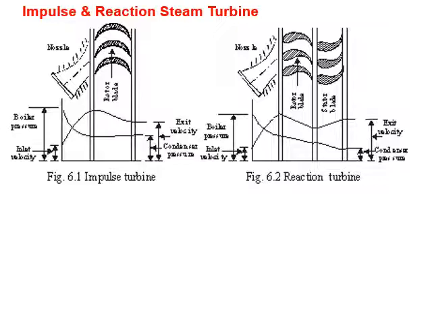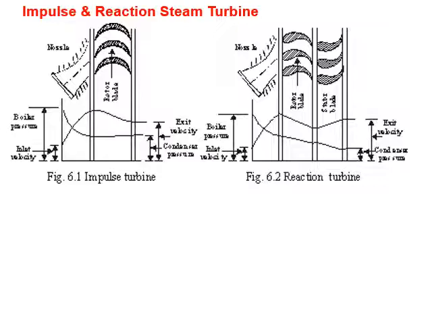Now high pressure steam enters into the nozzle. Pressure drop occurs in the nozzle, which is also called the enthalpy drop in a nozzle. That causes the pressure energy to be converted into kinetic energy.